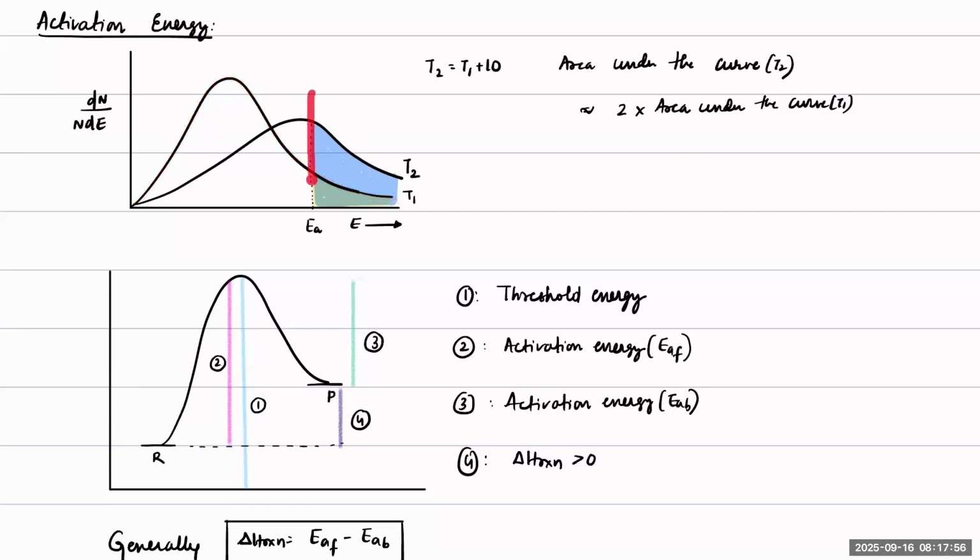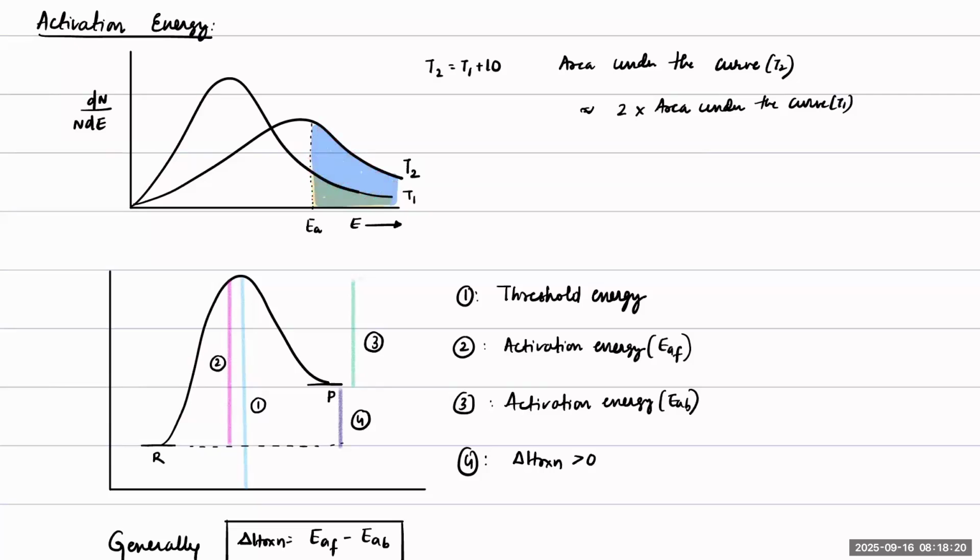Now when particles reach this energy, we say these are the particles which are responsible for forming products. And that's why you see at lower temperature you have less density, which means the particles which will cross over the barrier are fewer. At higher temperature more number of particles are observed.